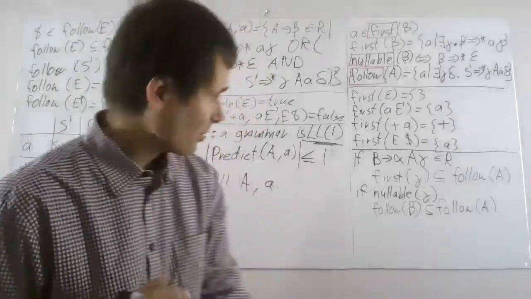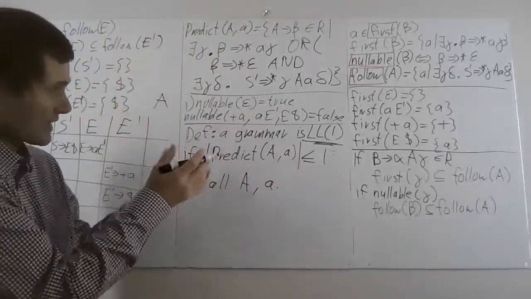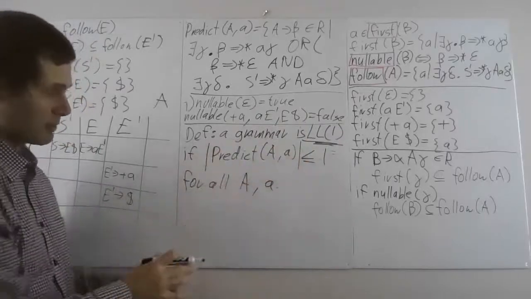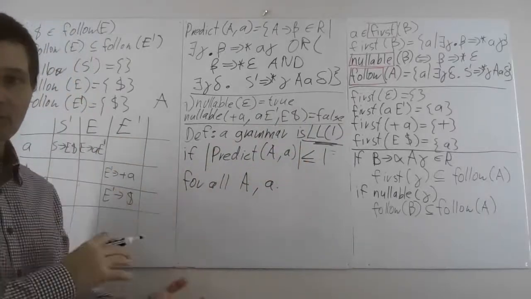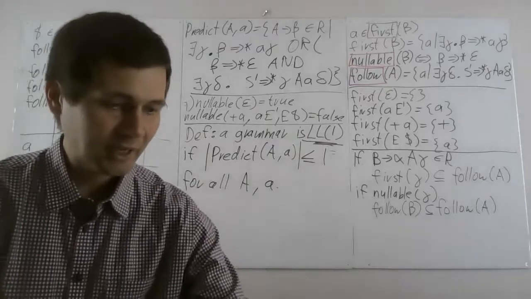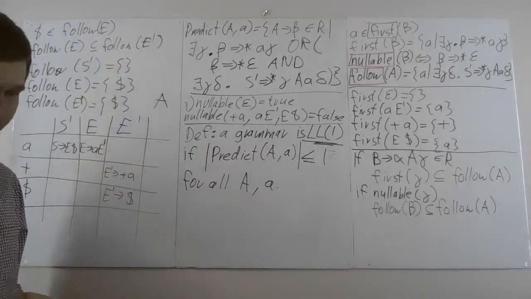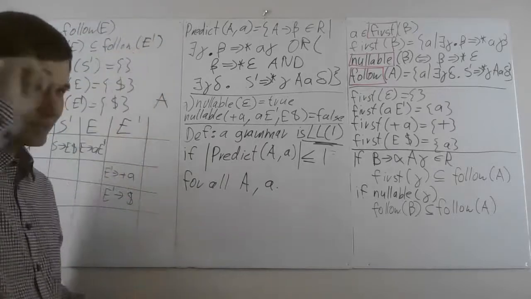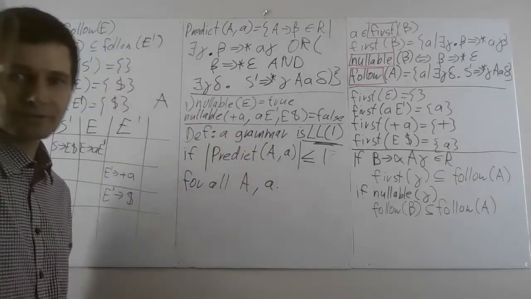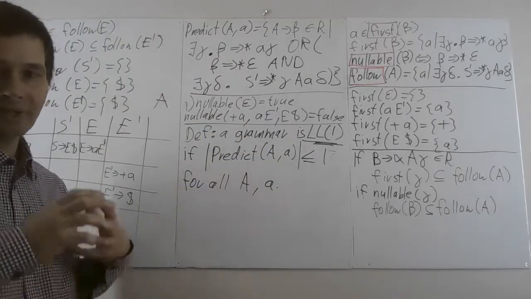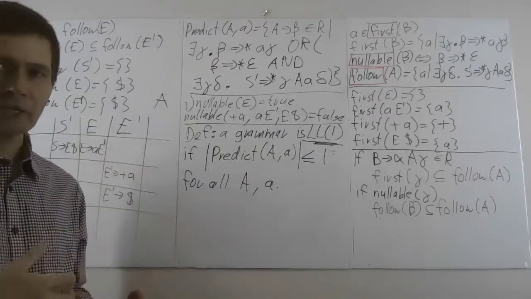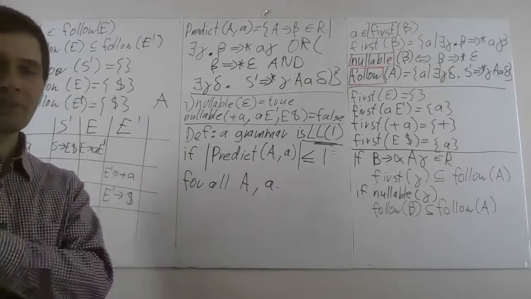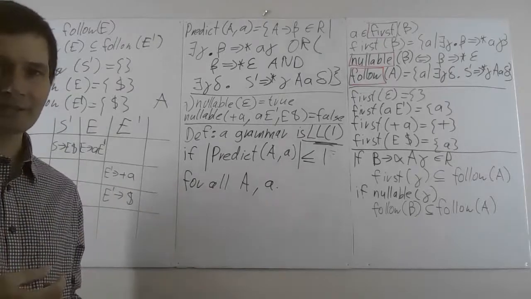So we say that the grammar is LL1 if this predict table always has 0 or 1 entry in each cell. And in that case, the table always tells us, oh, use this rule, use this rule, use this rule, right? It can tell us unambiguously what the only possible, non-stupid thing is to do at any given time.